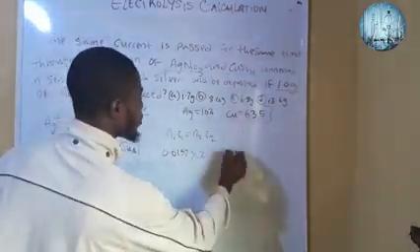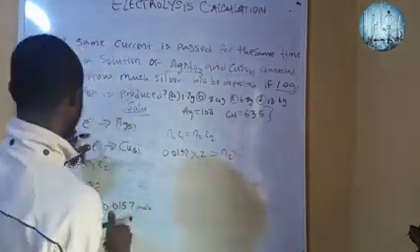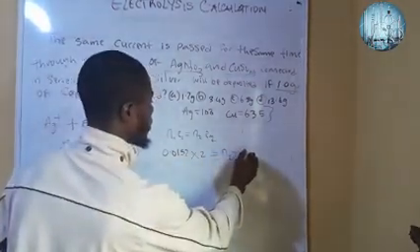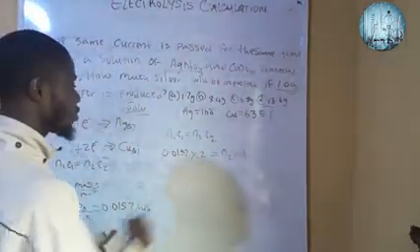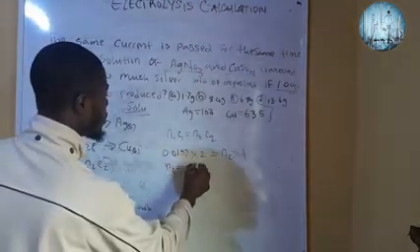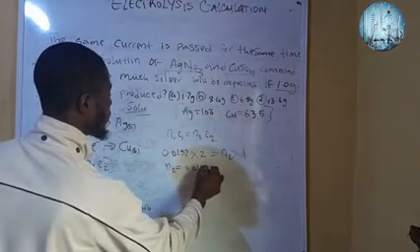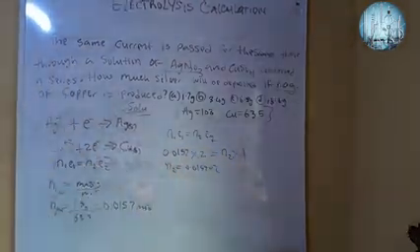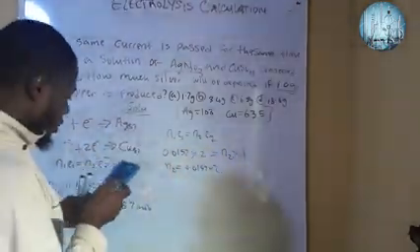So now N2 multiplied by E2. My E2 in this case is 1. So making N2 the subject of the formula, we now have N2 equals 0.0157 times 2. So let's do this math quickly.